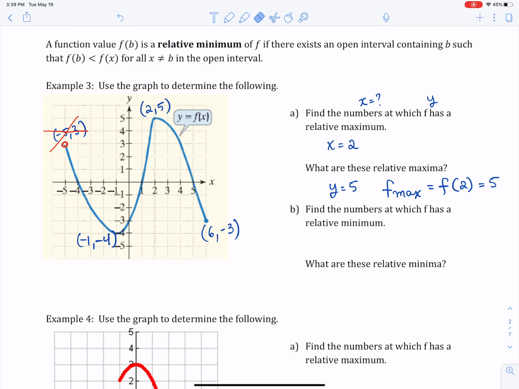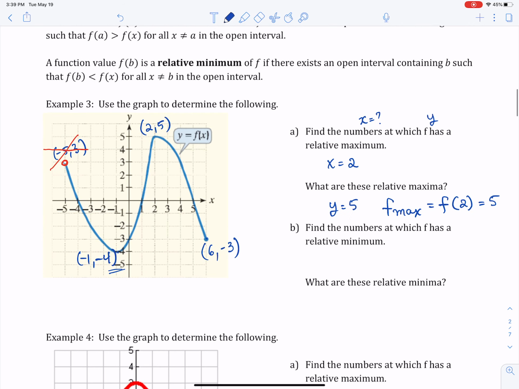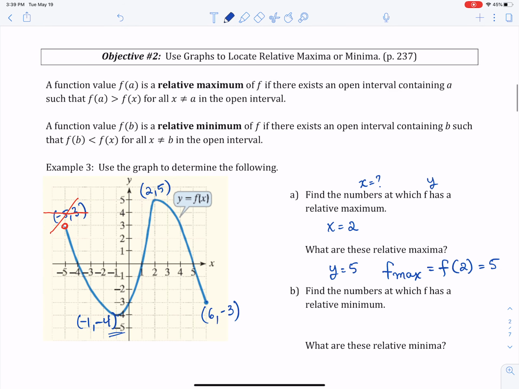The other question: find the numbers at which f has a relative minimum. Now, notice that this point right here looks lower than the other point. However, based on the definition, a relative minimum or relative maximum is any point that is the lowest in some interval.